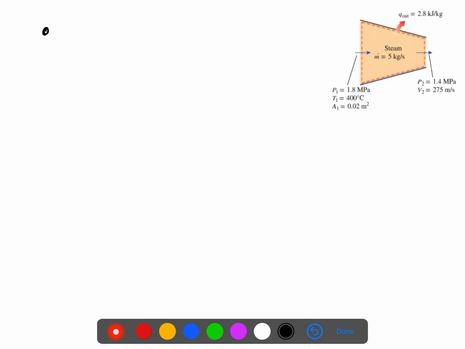Now, let's go to the next slide. In the first part of this problem, we need to calculate the velocity. As we know, the mass flow rate is given as 5 kg per second. We know the formula: the mass flow rate equals rho1 V1 A1.